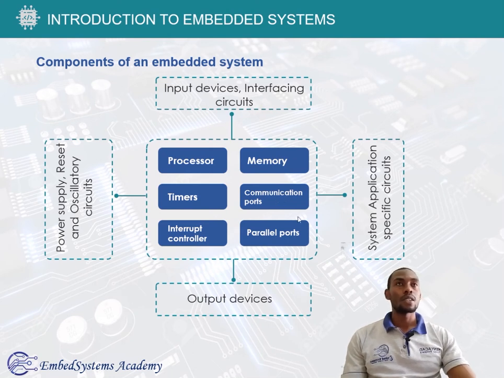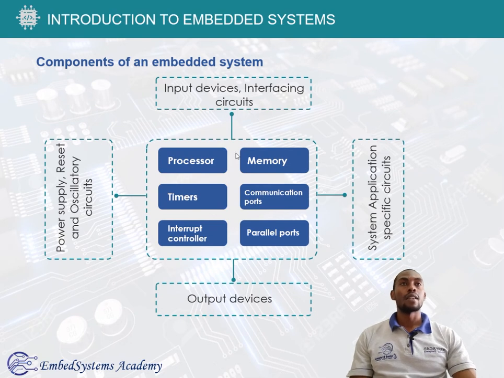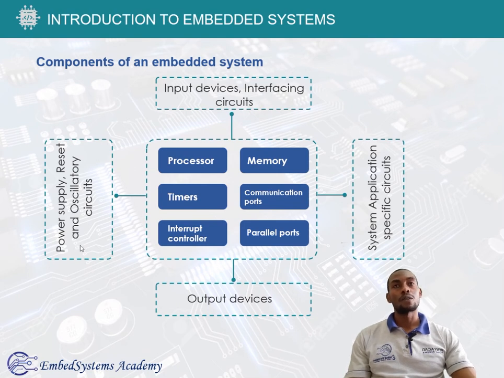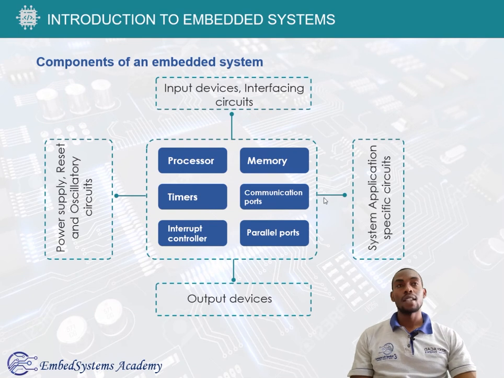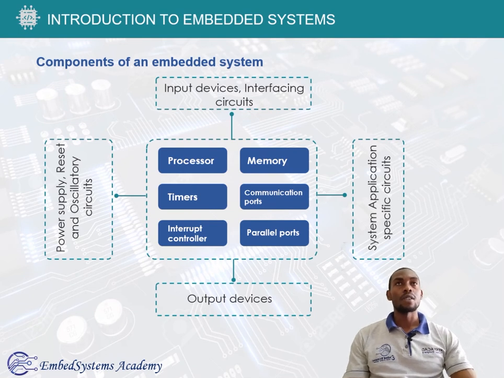For this core, we have input devices that are interfaced to it, and then the input of course provides an output after the processing of the data. Then we have power to the system, and also an application-specific circuit. So generally that is the composition of an embedded system.